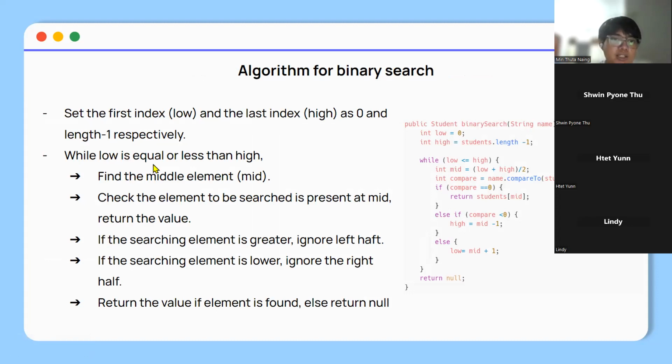Then while low is equal to or less than high, we have to find the middle element and then check whether the element to be searched is present at the middle. If the element is present in the middle, return the value. If the searching element is greater, ignore the left half. If the searching element is lower, ignore the right half. And then return the value if the element is found, or else return null.